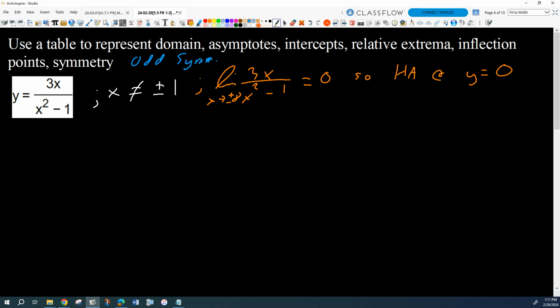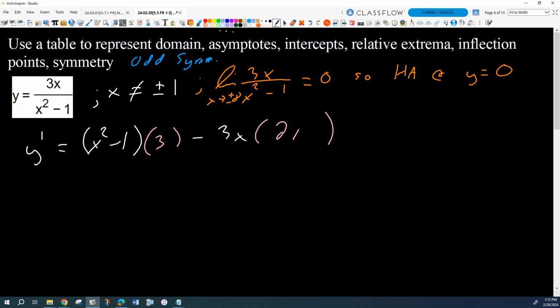Okay, and derivatives. We're pretty good here. Low d high, so it's gonna be x squared minus 1 times 3 minus 3x times 2x, over x squared minus 1, quantity squared.